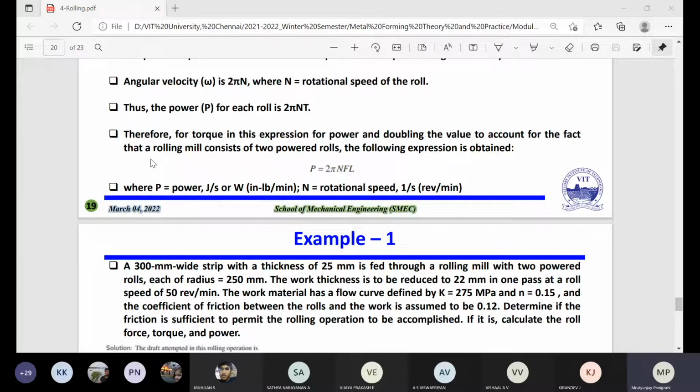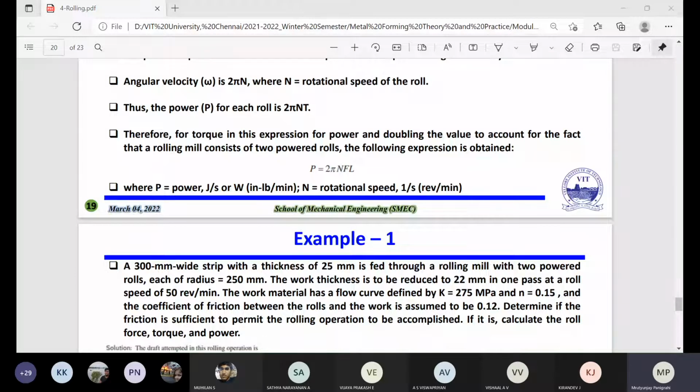And the force applied: flow stress into the width into the length of contact. The pressure also we discussed. So based on this, today we will do 2 or 3 numericals.